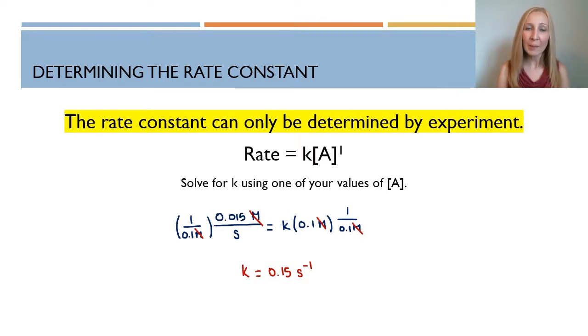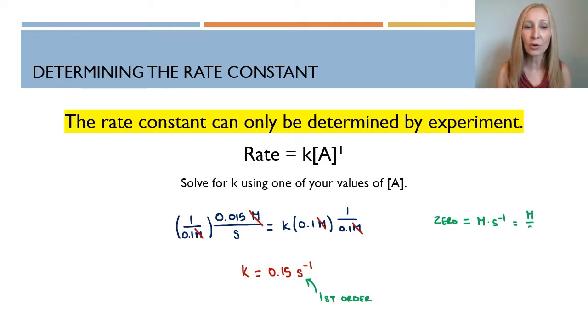specific temperature. And by the way, back to the units on this, s to the negative 1, those are the units you get for your rate constant when you have a first order reaction. If you have a 0th order reaction or a second order reaction, you're going to get different units on your rate constant, because different units have to be involved in canceling out. So your rate and your concentration have the appropriate units.